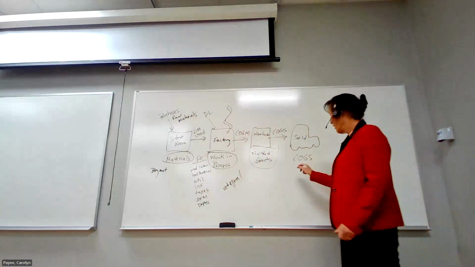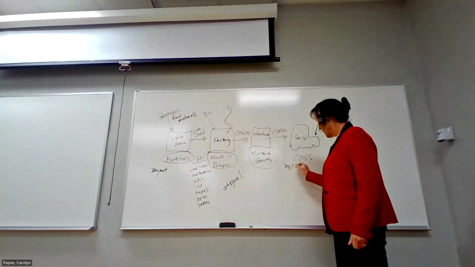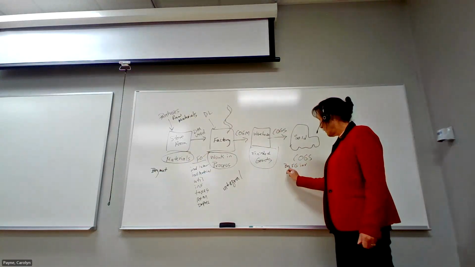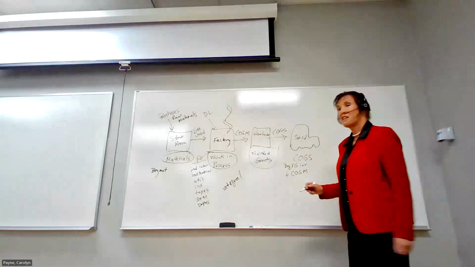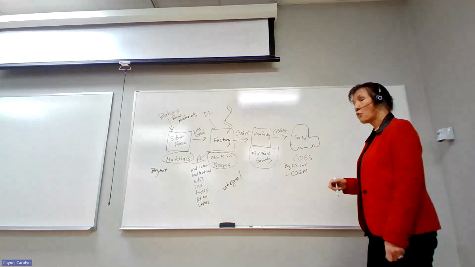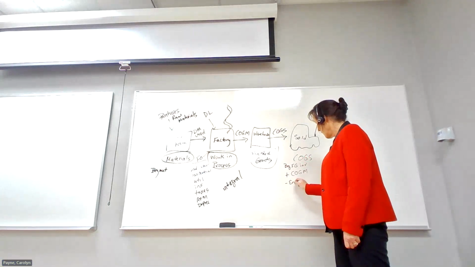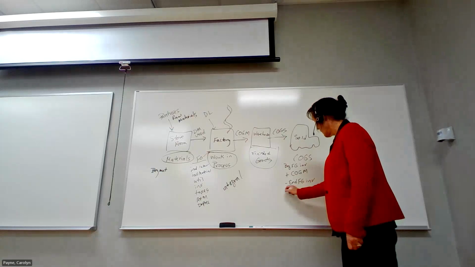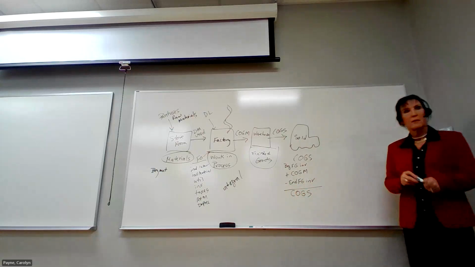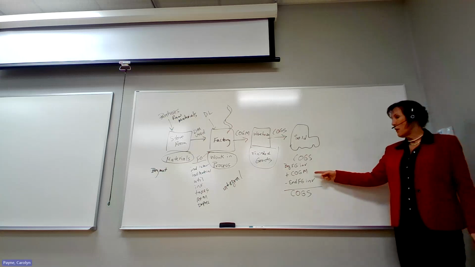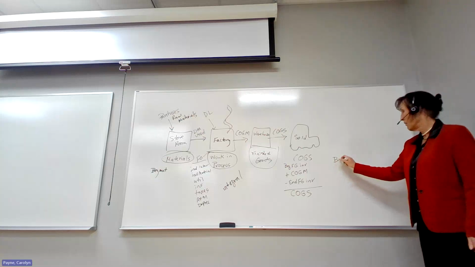You're giving me gross profit, sales minus cost of goods sold. If we were a merchandiser, it's easier.